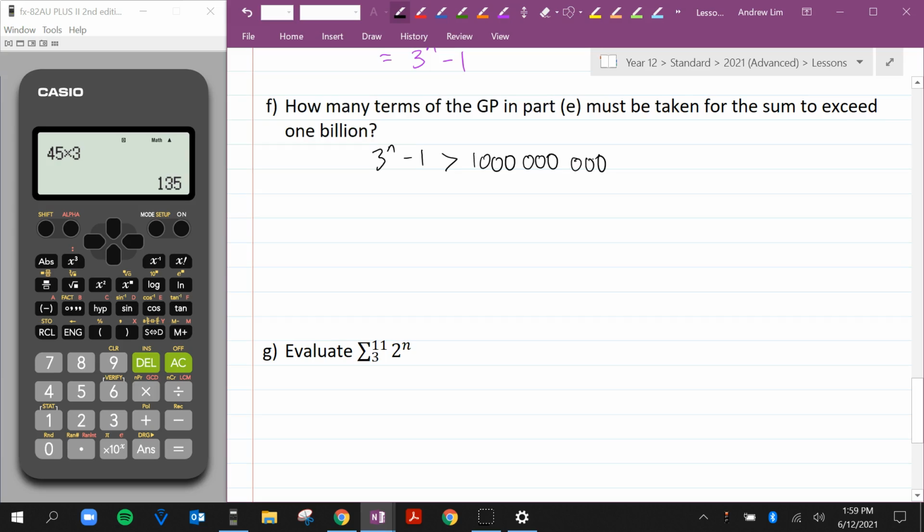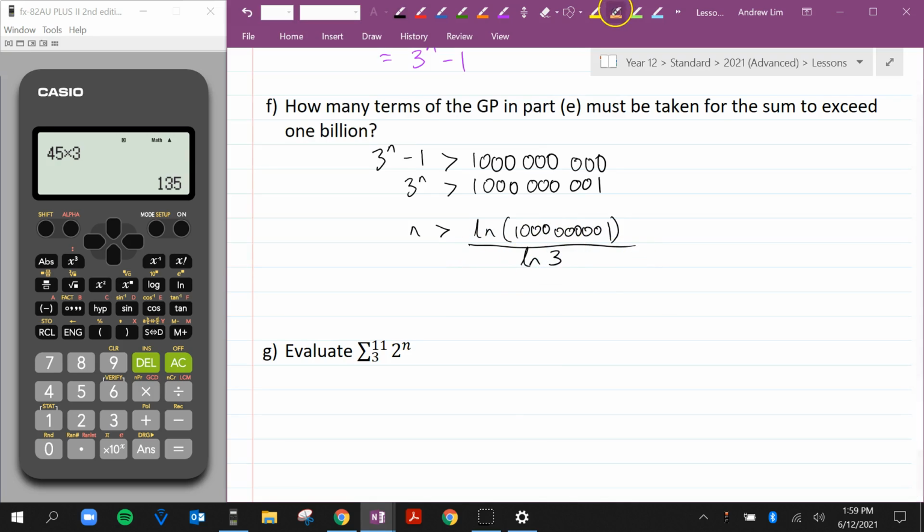So what I'm going to do is add 1 to both sides: 1 billion and 1. Then I'm going to use logs. So n has to be greater than, I'm going to use ln, ln of 1 billion and 1 over ln of 3.